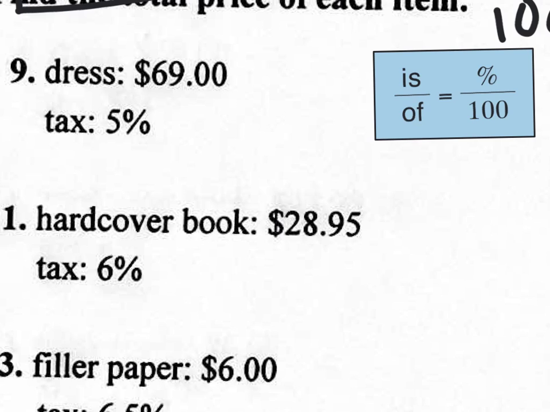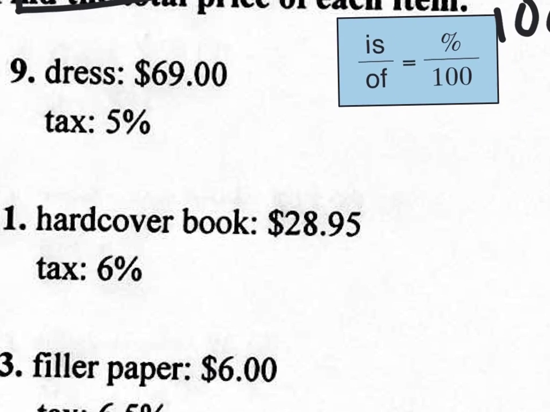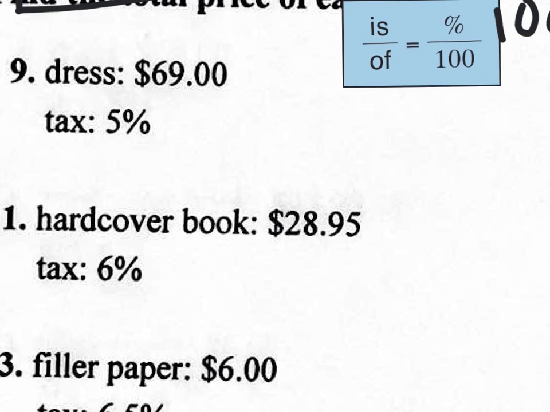I mean, not if you're a guy, unless it's for your girlfriend, whatever. It costs $69. You have $70 in your pocket. You want to find out if you can actually afford this dress. How much are they going to charge you at the register? Well, you have to figure it out with the sales tax. Guys, please pay attention. Like I said, this is important, not for the quiz Friday, but for you not getting ripped off at the stores.